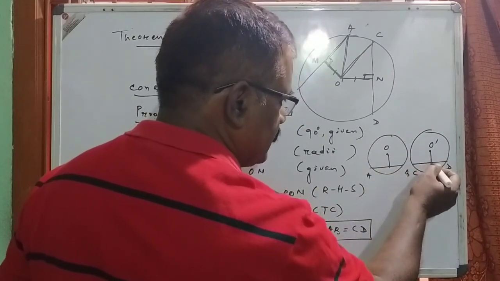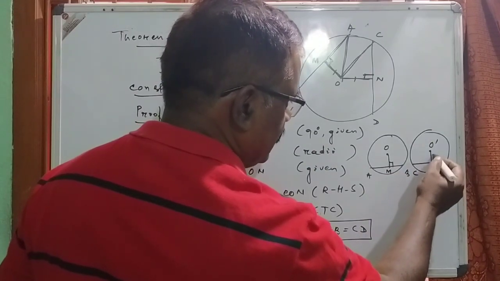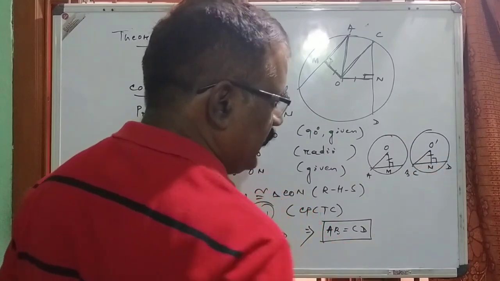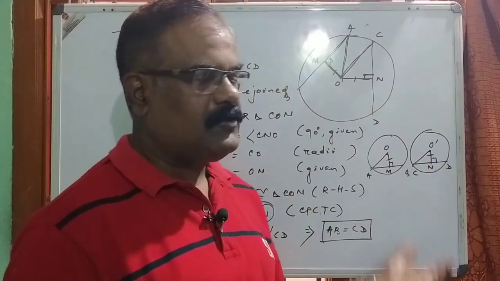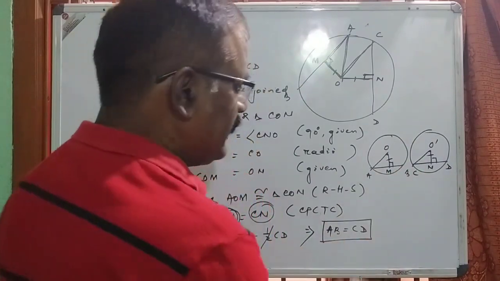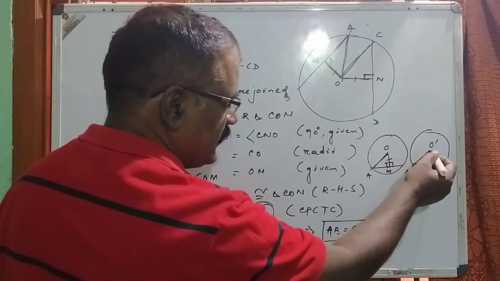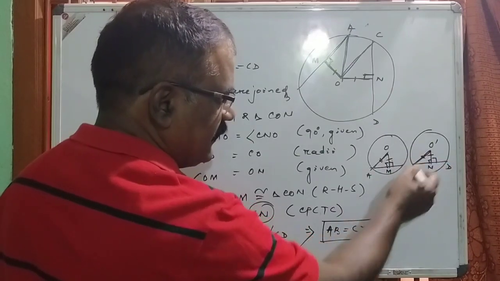Given that these are equidistant, that means now OM and O dash N are equal. And if we join AO and CO dash, since these two circles are congruent, therefore their radii are also equal. So that means now we can say that right angle, hypotenuse and hypotenuse both are equal, and at the same time this side is equal to this side.